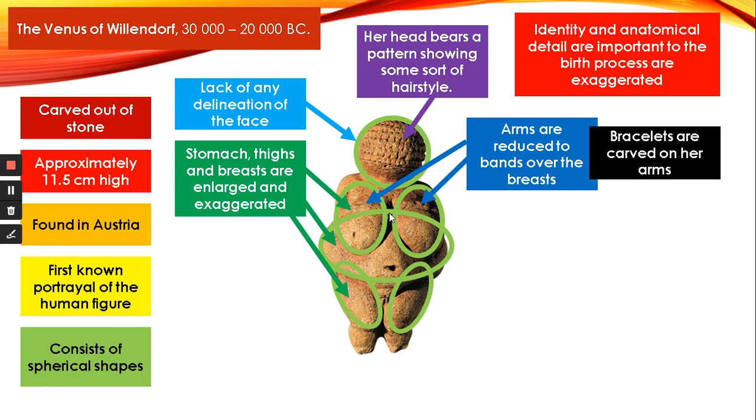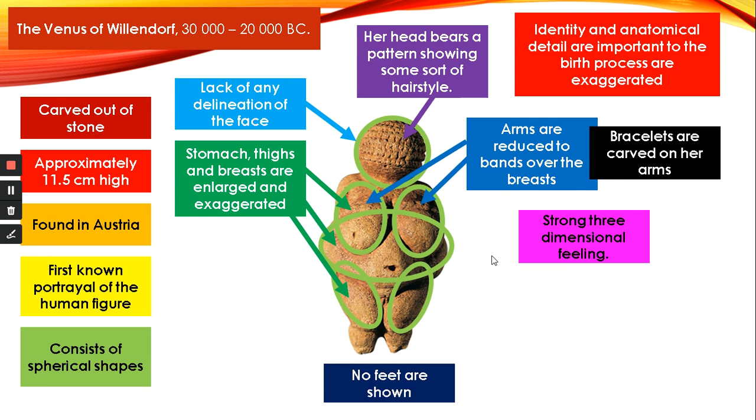And she has bracelets going down her arms, also representing what the people of the time would have been wearing. There is a strong three-dimensional feeling. So it is a 360 view, all the way around. And she has no feet. So again, it is not important.